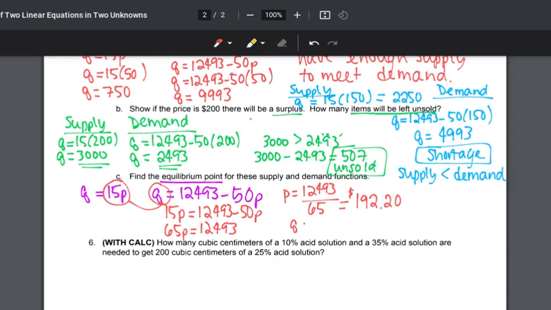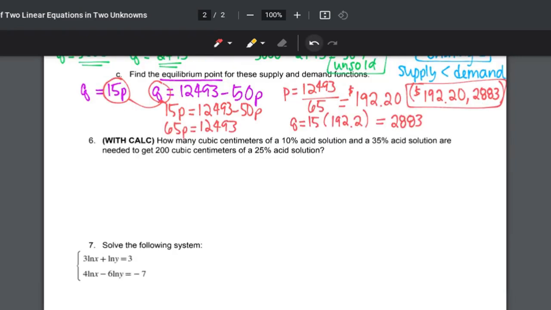So I'm going to solve for Q by doing 15 times 192.2. And that's going to give me my quantity, which is 2,883. So equilibrium point should be 192.20, comma, 2883.